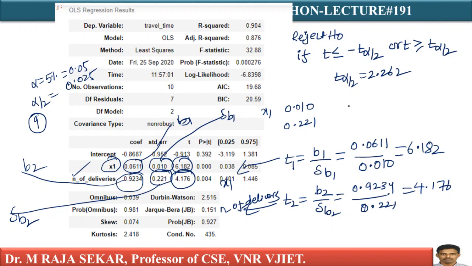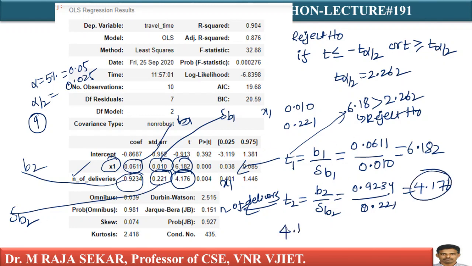What about my first variable? The value is 6.18. This is for the first variable, and it is greater than 2.262. Therefore, what do I have to do? Any one of the conditions is enough. Reject H naught in the case of the first variable. What about the second variable? Again, the second variable value is 4.176.